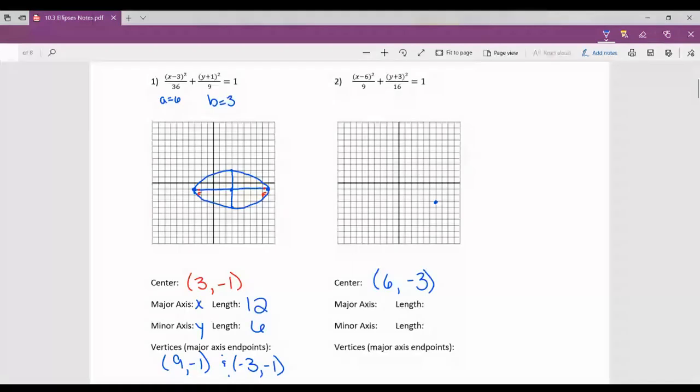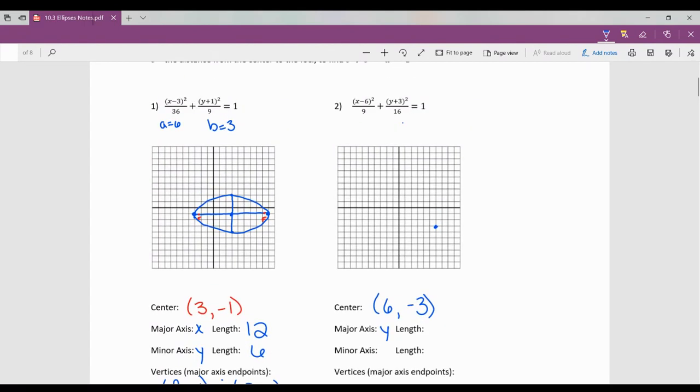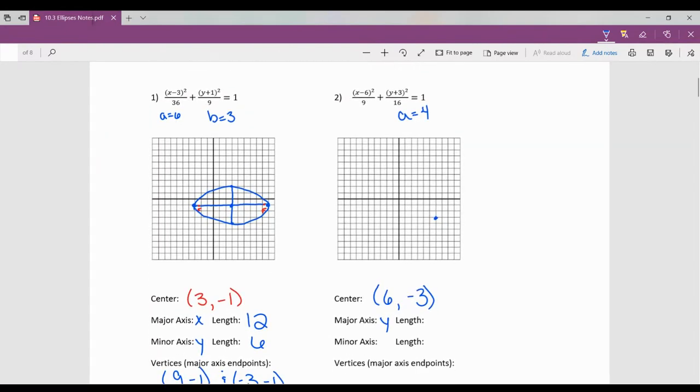My major axis is going to be my y's because my bigger number is under my y's. So my a is going to be the square root of 16, 4. So I go up and down because it's on the y's, so the y's should be changing.